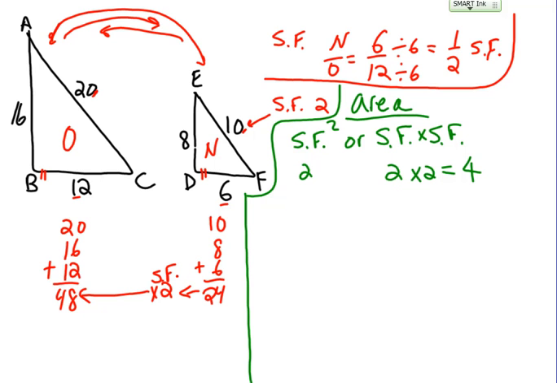Or in this one over here, we write it this way, 2 squared is 4. These are 2 different ways of writing the same thing, scale factor times scale factor. The 4 is the multiplier that you use for the area. Because it's 2 and 2, it's going to be a multiplier of 4.